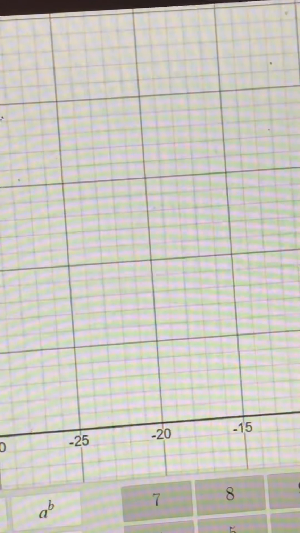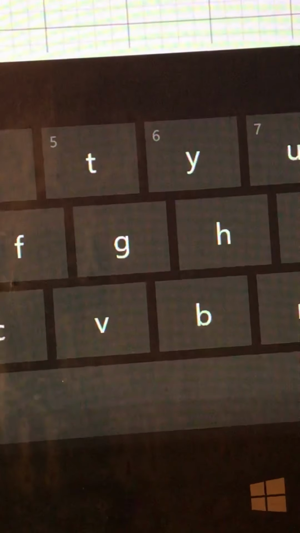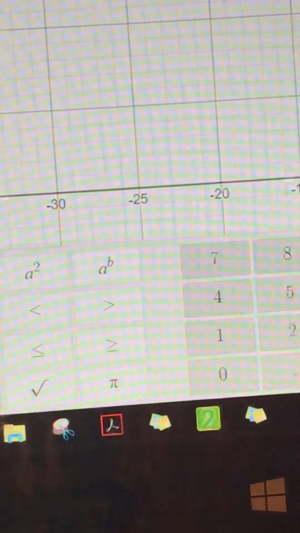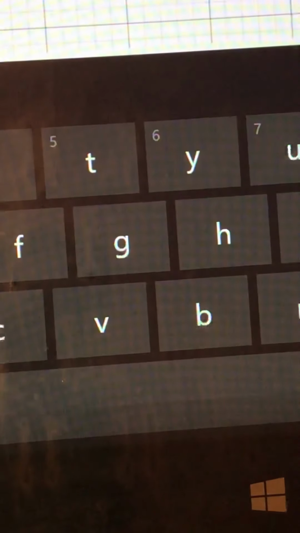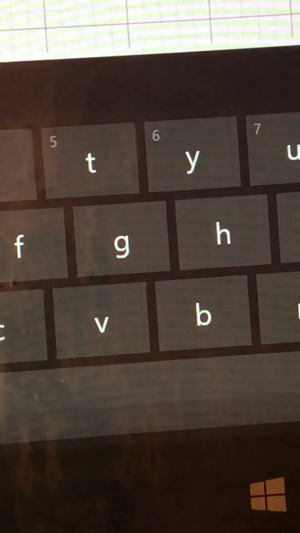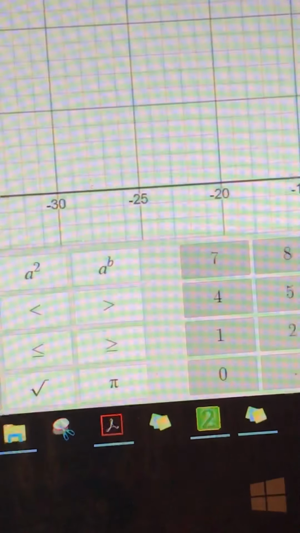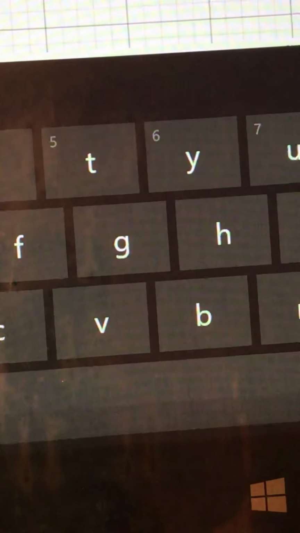Okay, so I'm going to graph x to the 5th. Why does that always come up? Not sure. 5th power, stay away, we don't need you. Okay, x to the 5th. Let's come back to this one.